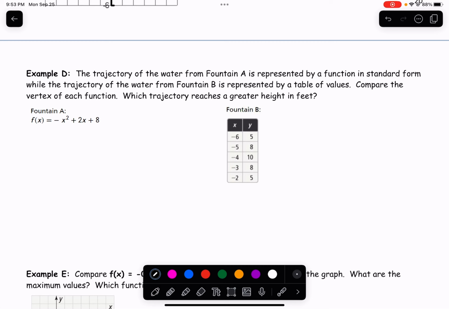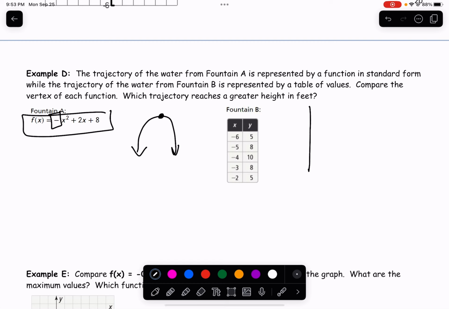Now, here's the deal. Looking at this quadratic, we can see that our A value is negative. And we learned that a negative A value means that we're going to open down like a frown, okay? And finding our vertex is going to give us our highest point, our highest trajectory of this water.